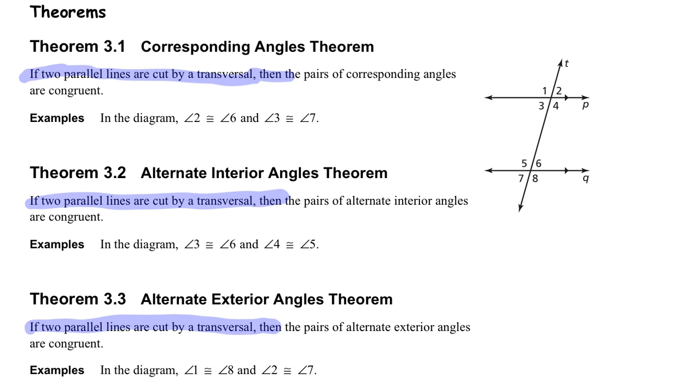If you have any of these three, they make congruent angles if you start off with two parallel lines cut by a transversal. And remember that transversal just means a line that intersects both of those parallel lines.